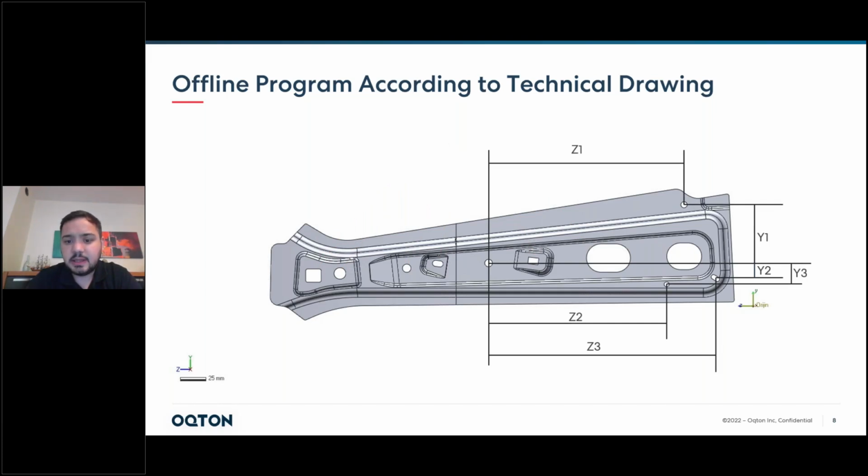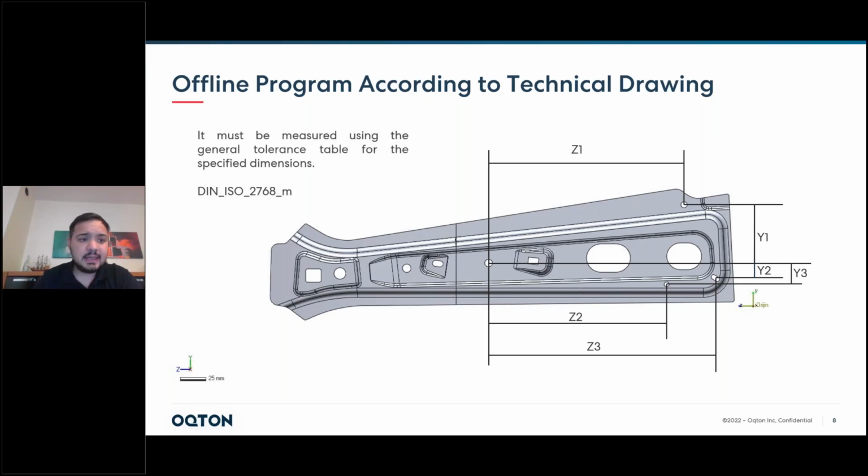They are linear dimensions, but sometimes on the notch part of the technical drawing it can say it must be measured using the general tolerance table for specific dimensions. In this example, we are going to use the ISO standards, and it's using the medium standard for this part. So let's get back to our Control X and try these features.